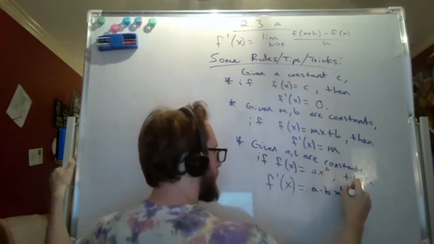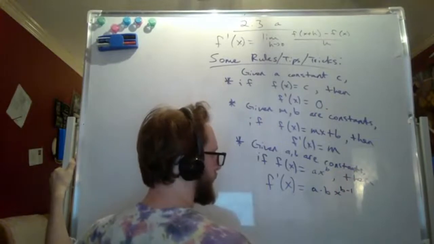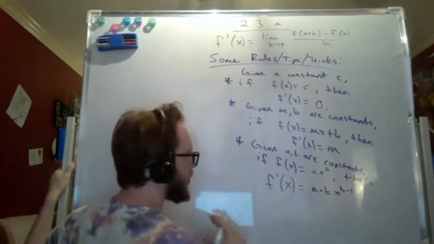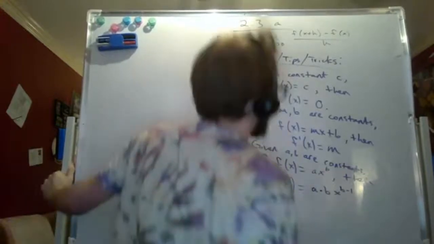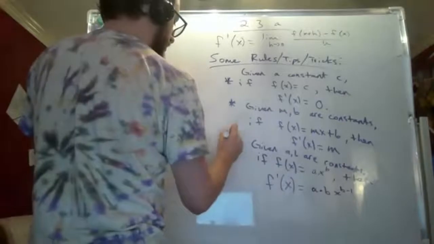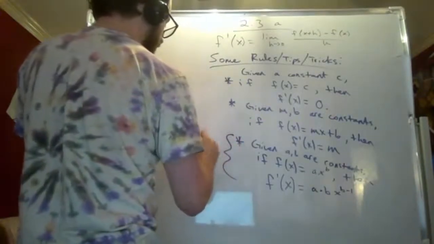So b minus 1 there. And this is true for any x to any power with any constant on it. And that's why this is called the power rule.